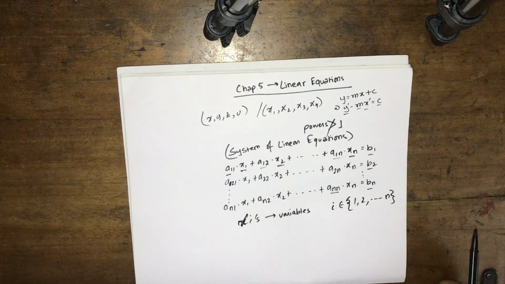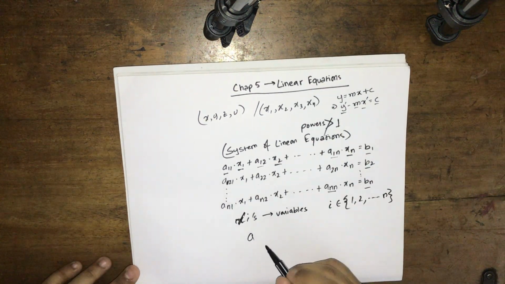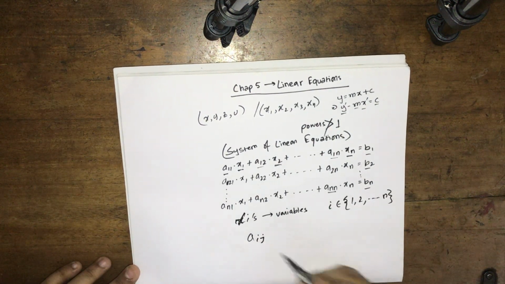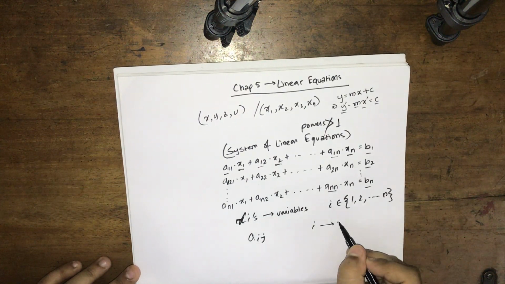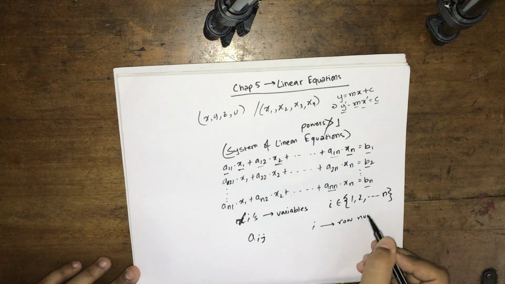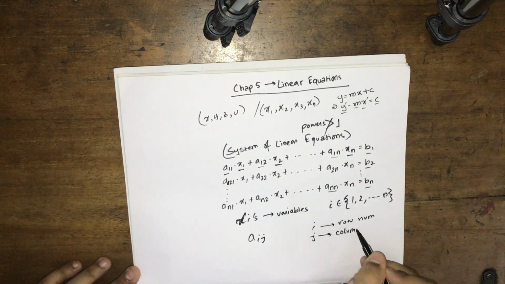And the coefficients a we can represent as Aij, where i is the row number and j is the column number.